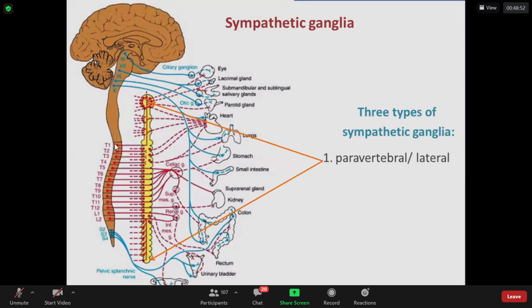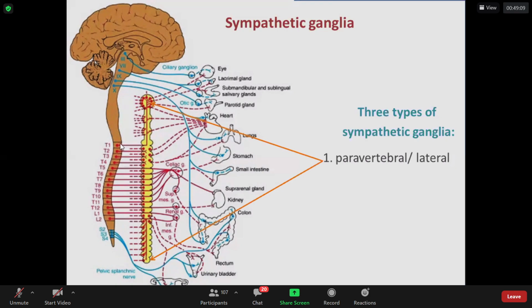This is the craniosacral outflow, and this is the thoracolumbar outflow. The red one is the sympathetic and the blue one is the parasympathetic. What happens? This is the spinal cord, and this is the sympathetic chain.